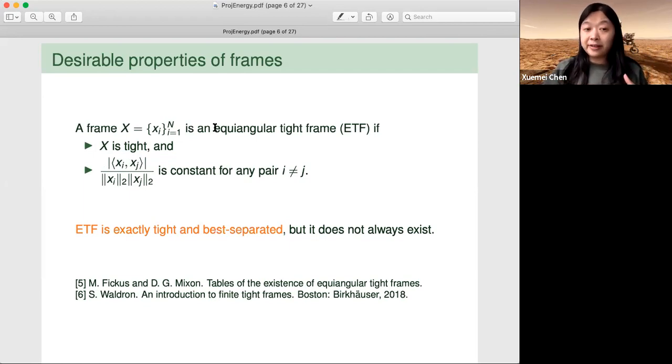Hence equiangular, which will make the best separation. So if you have an ETF, you already have these two really nice properties, but it's hard to come by.